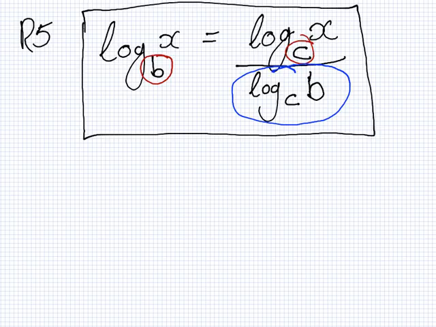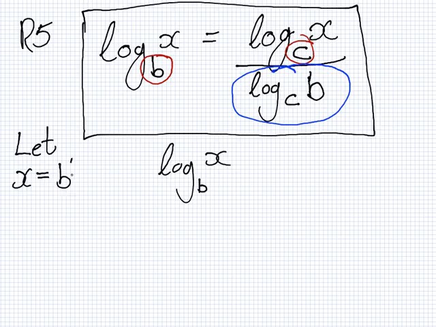Okay. You have this? Yeah? Okay. So we'll start the proof again. We have log base b of x. So what do we think might be a starting point this time, now that you've seen a few proofs? We usually start off by letting x equal something. You kind of have a choice here. You could say let x equal b to some power, but also we have this c here as well.